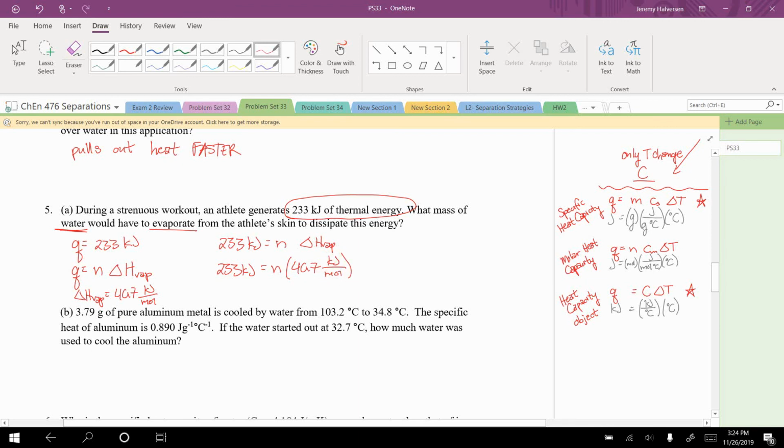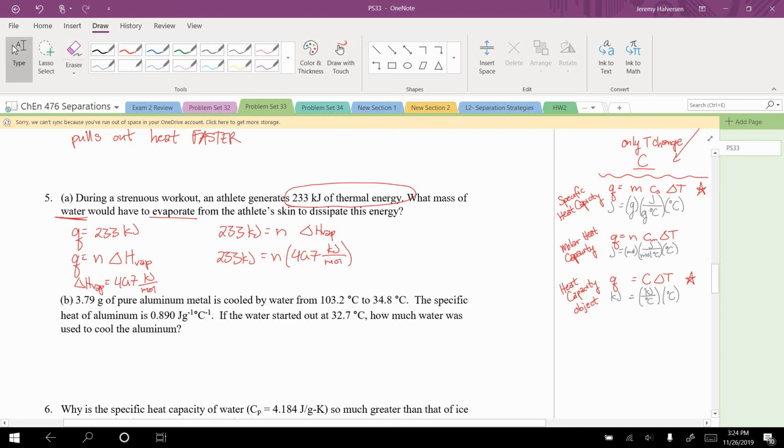So I'm just going to divide 233 by 40.7, and I get that n equals... Oh, nope. 233 divided by 40.7, there we go.